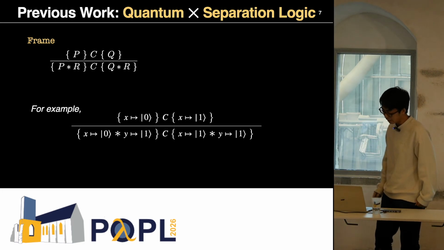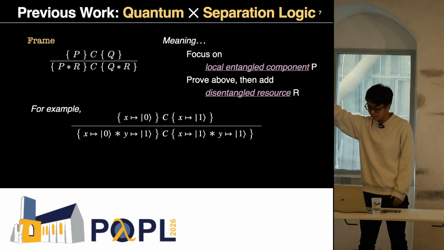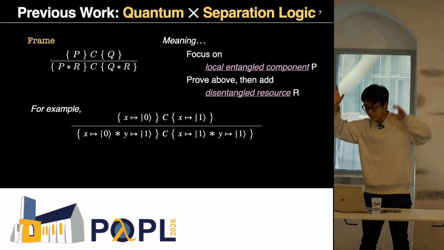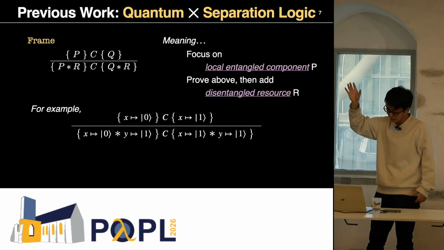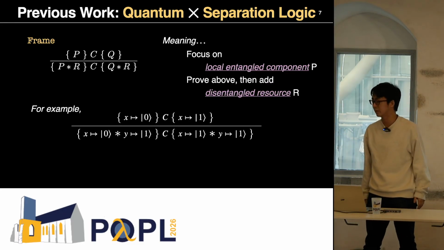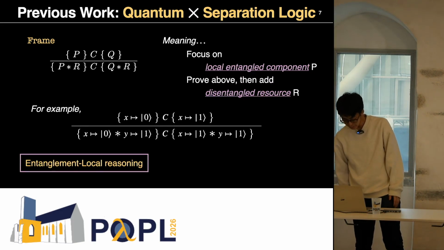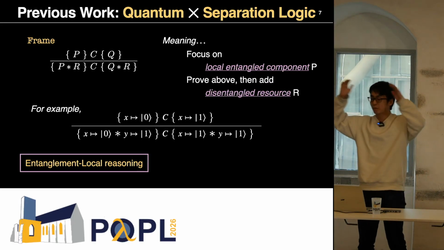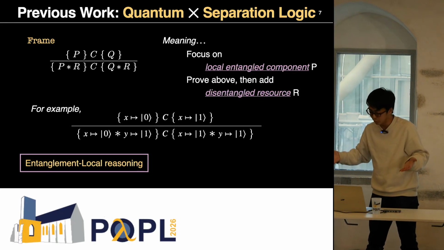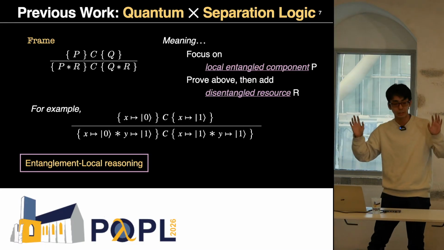The intuitive meaning is that to prove the second line, you can focus on some disentangled resource, which is local, prove that, and then add the disentangled state later. This rule allows you to focus on a disentangled component, so I want to call it entanglement-local reasoning.